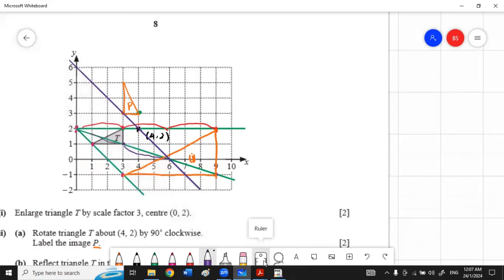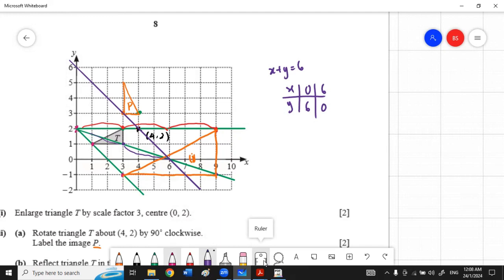If you have no idea how to draw this, you just need coordinates. When x is 0, y will be 6, and when y is 0, x will be 6. You substitute here, then you get this line.